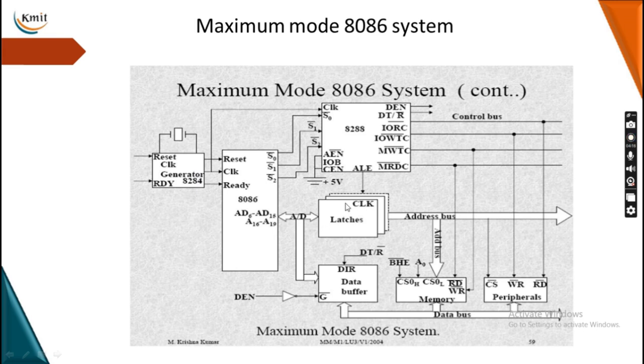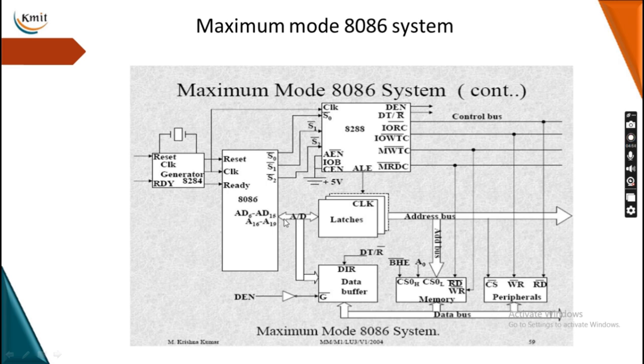Next, it will have latches and a data buffer, or I can call them transceivers, which act as separators between address and data lines. They do this with the help of data enable and data transmit or receive bar, whereas the address can be demultiplexed with the help of ALE, as we all know.